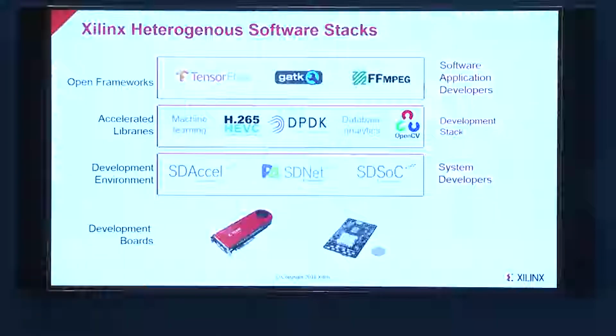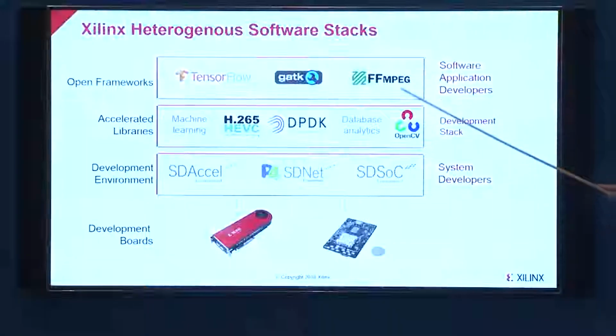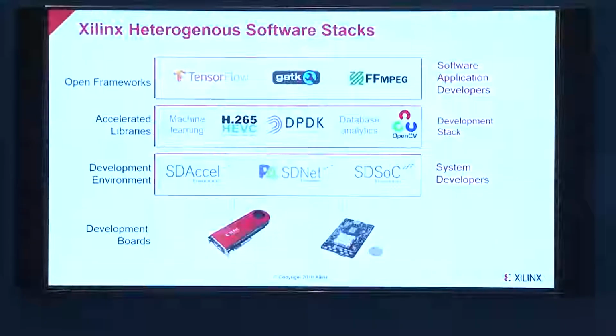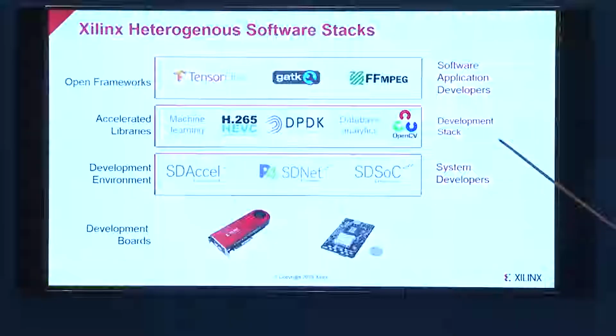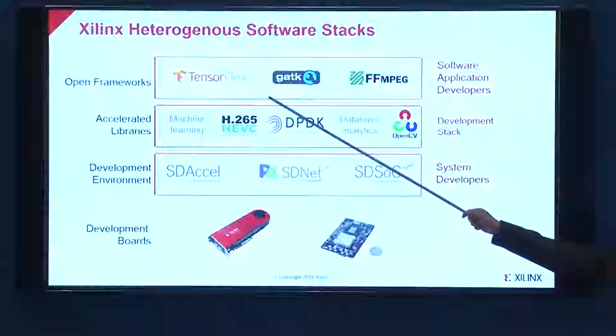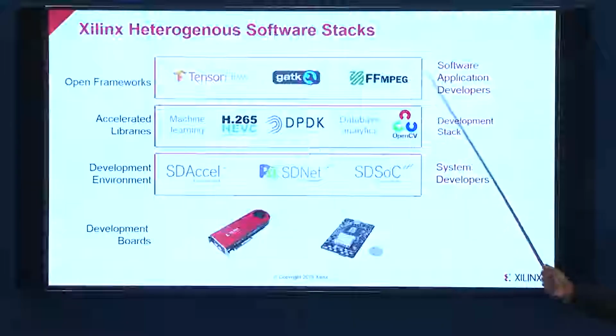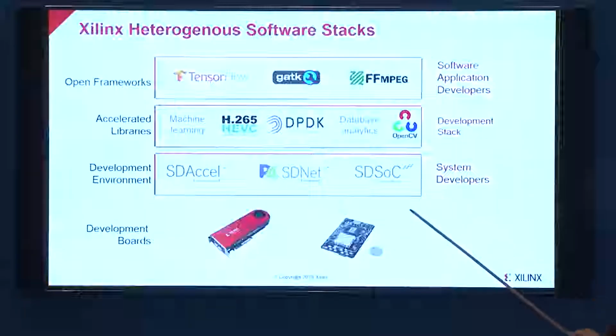And we are spending a lot of effort, because at the end of the day, most of the users will really work at the higher level. And we are providing enough proof points and examples so that for different kinds of applications like genomics, machine learning, or video codec, you can start from the very high level and go all the way down.